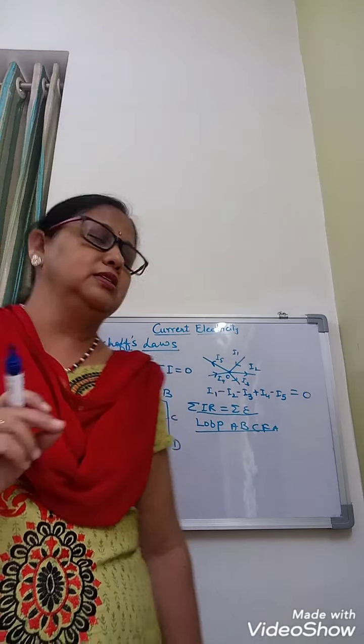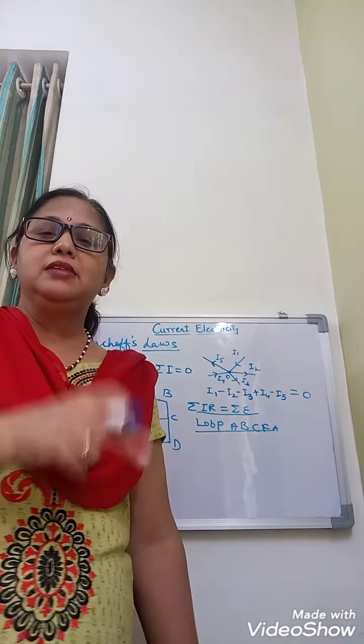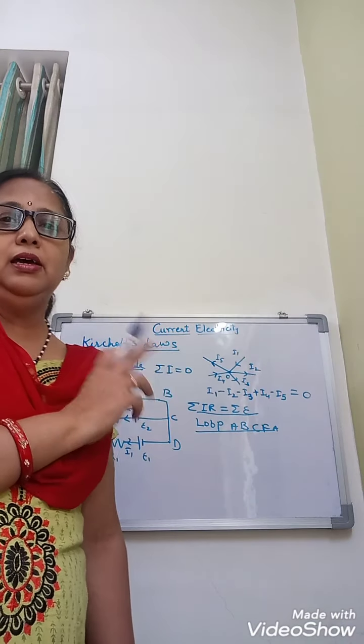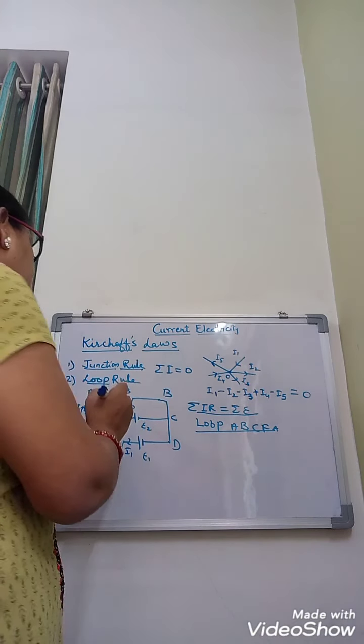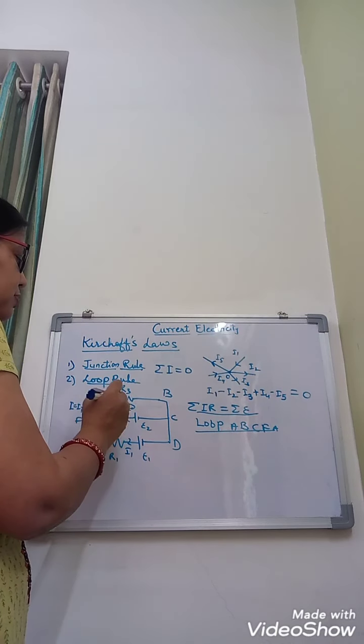Product of current and resistance will be positive if our direction of movement matches with the direction of current in the circuit. For example, current in this branch is nothing but I1 plus I2.